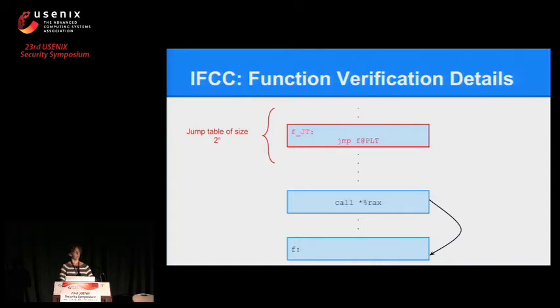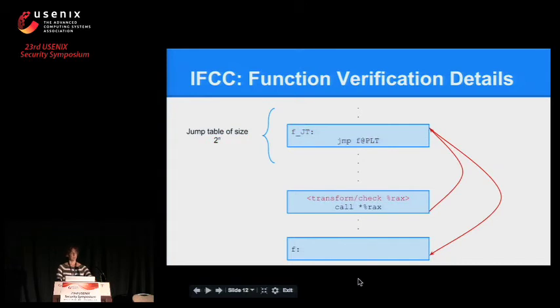Now in this example we have one single jump table, but IFCC is actually written in such a way that it allows programmers to specify how they want to partition the functions into jump tables. One implementation that we tested was partitioning the functions into jump tables based on the number of arguments at the call site. But in any case, the jump table gets padded to a size of 2 to the n for some value of n, which is important because we then use that for pointer bit masking.